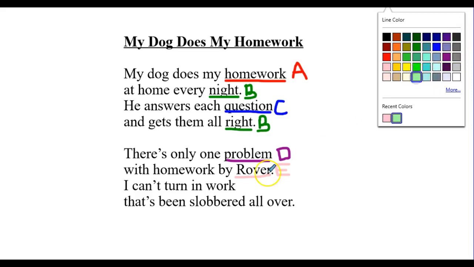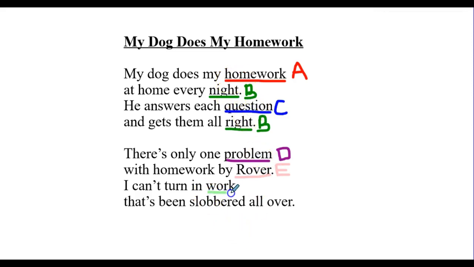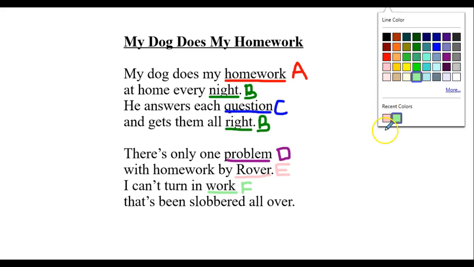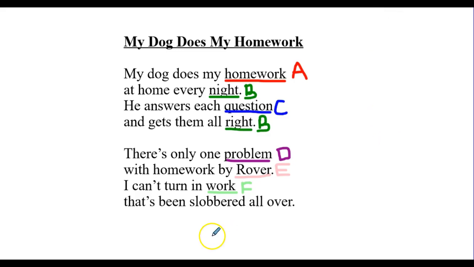Work doesn't rhyme with rover or any of the others, so it's going to be letter F. And our last one is the word over. Over doesn't rhyme with work, but it rhymes with rover. So it's going to be another line E. Okay? So this rhyme scheme, you would call it ABCB, but we know that we've used other letters as we continued with the poem.